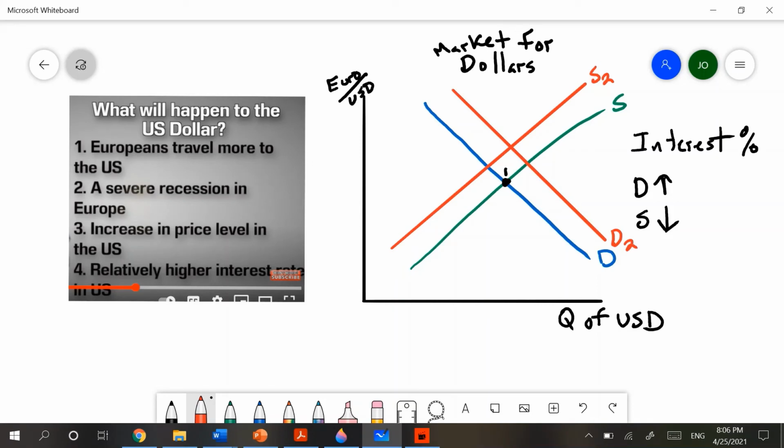Where is my new equilibrium? Well, it's in the intersection of the two red lines. So let's go ahead and label it right here. This is my second equilibrium.